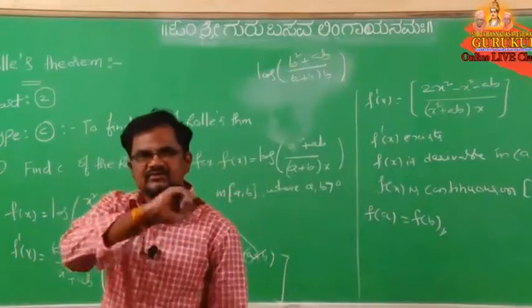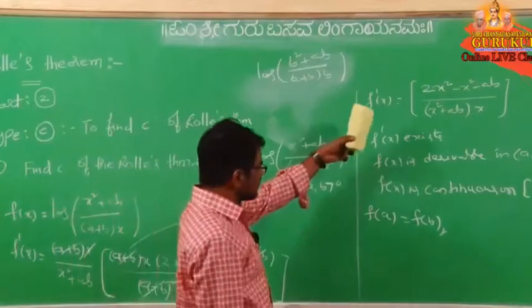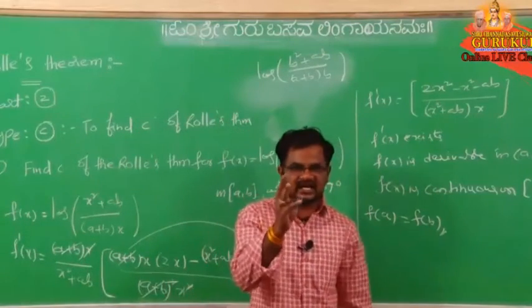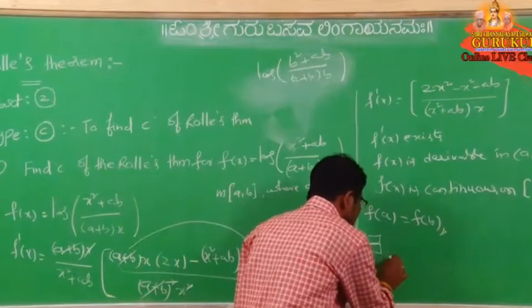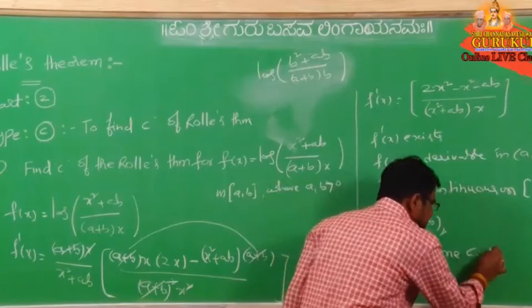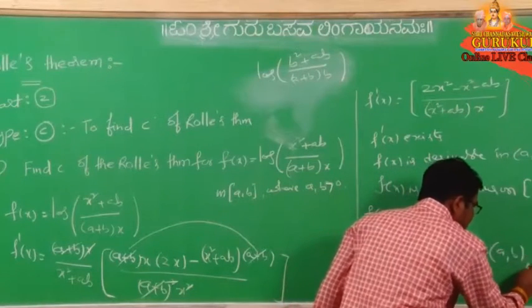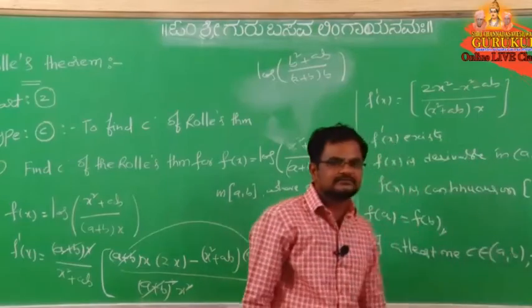So the three conditions of Rolle's theorem are satisfied. Whenever a function satisfies the three conditions of Rolle's theorem, then we can write: there exists at least one point c which belongs to a comma b such that f dash of c equal to 0.